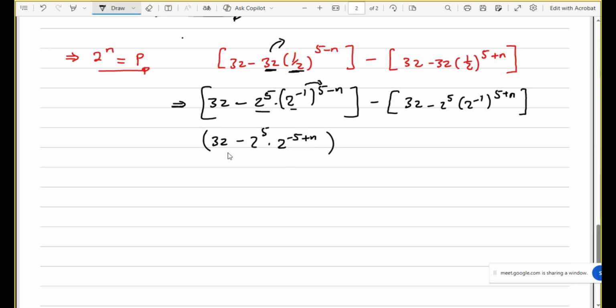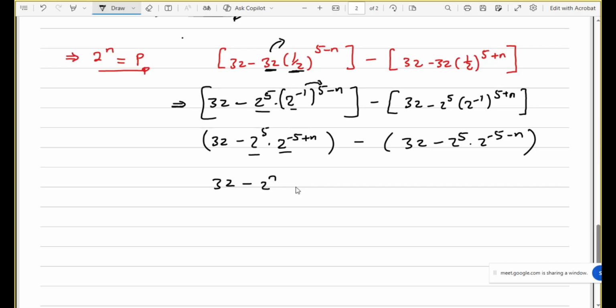Then we still have to subtract 32 minus 2 to the power 5 times 2 to the power minus 5 minus n. Then the bases are the same, so let's add the exponents. 32 minus 2 to the power 5 plus 5, that's 0. 5 plus minus 5 is 0. Then we are left with n.